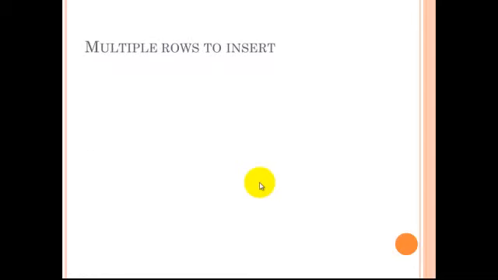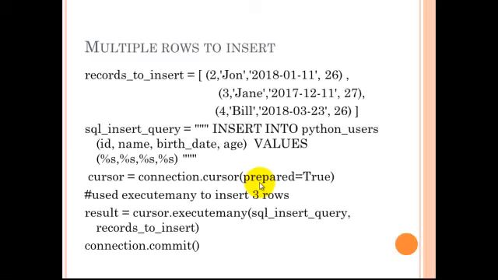Let us also see how to add multiple records. First of all, I configure the records to insert, or I can write the command for the number of records to insert and set what the records are. Now here you can see the insert statement is prepared, records are configured and the cursor is made ready, and prepared equals true is optional anyway.